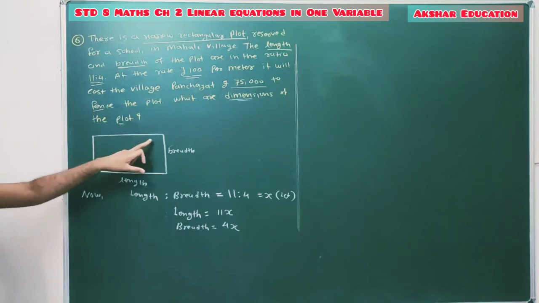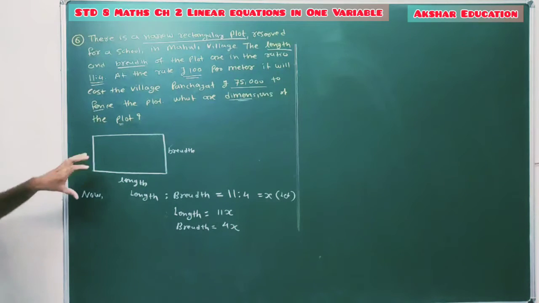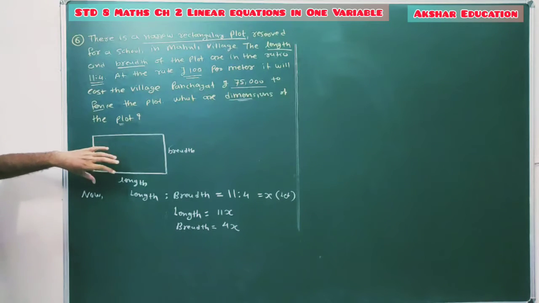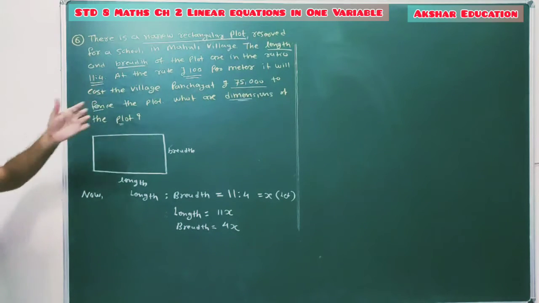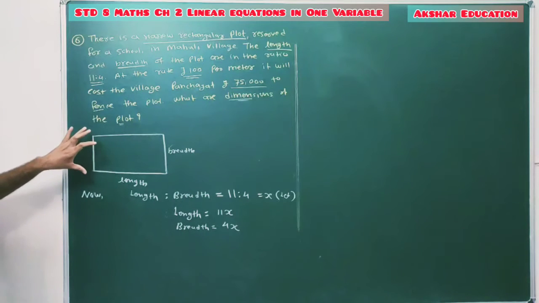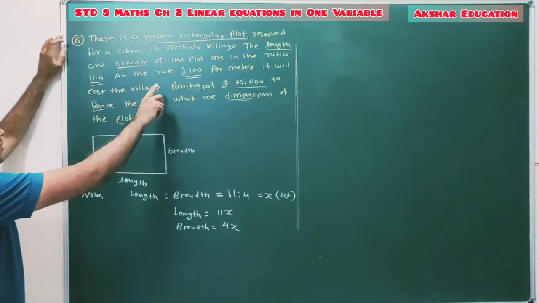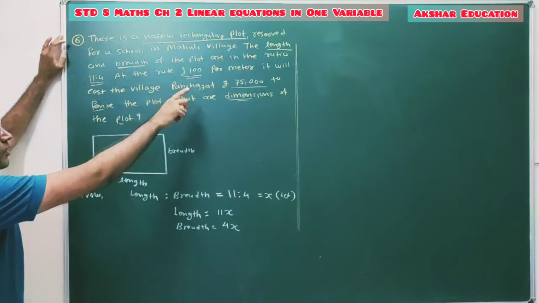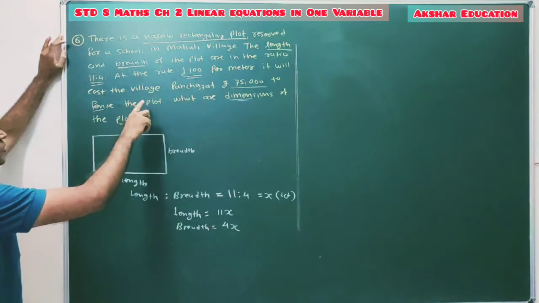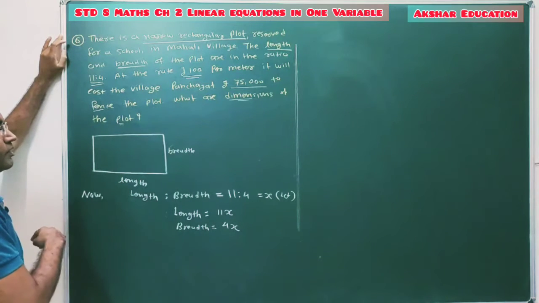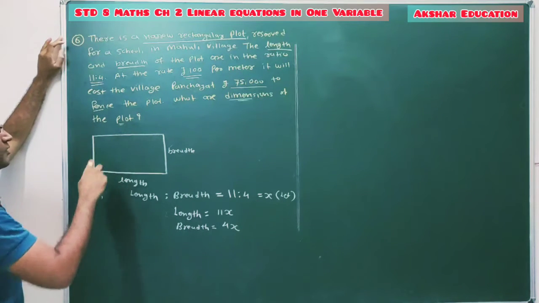Now we have to form the equation. Here we could use the perimeter, but instead of the perimeter being given, the data regarding it is given indirectly. What are we given? At the rate of 100 rupees per meter, it will cost the village panchayat 75,000 rupees to fence this plot.